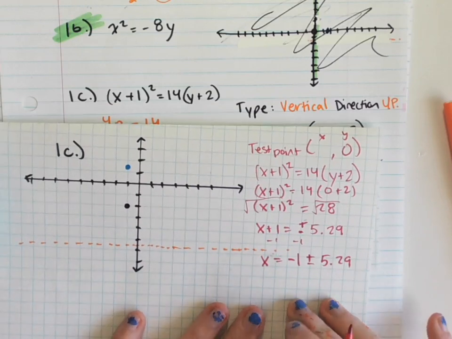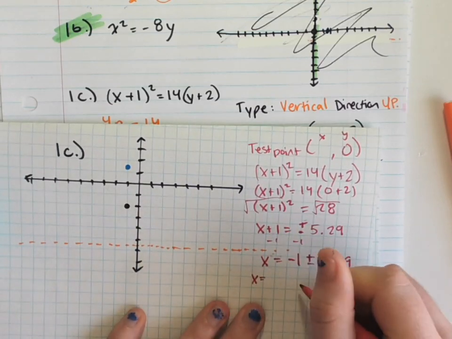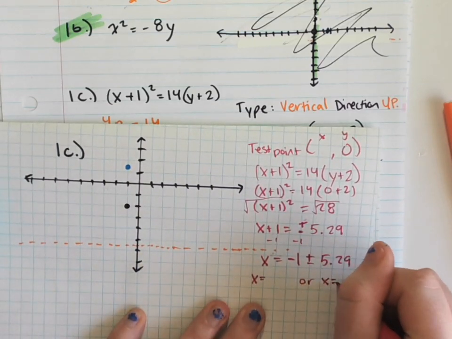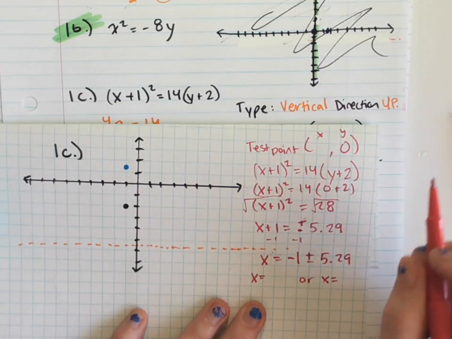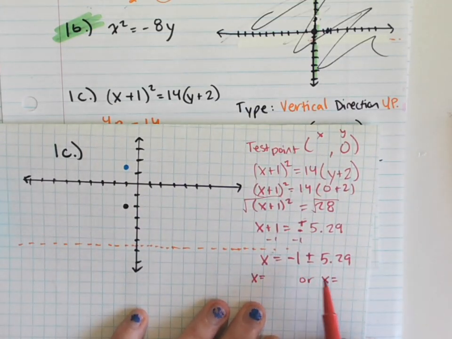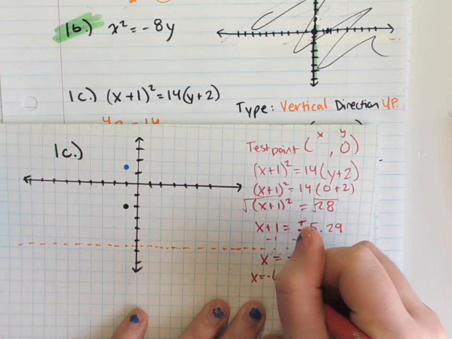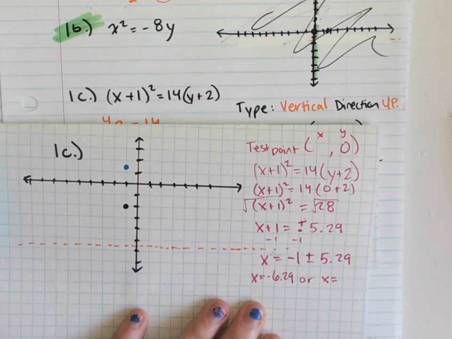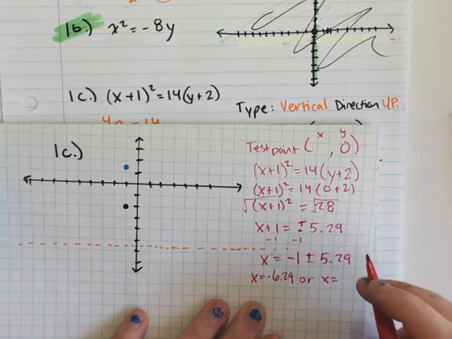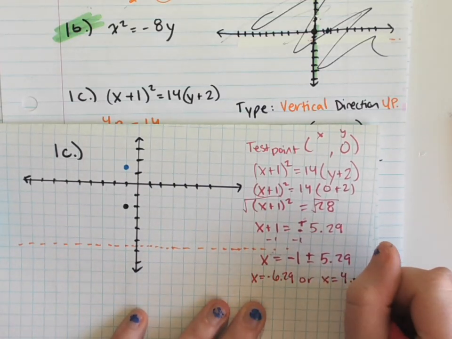So let's solve what those could be. X could be something, or x could be something for that coordinate that I'm testing. If I do negative 1 minus 5.29, I'm at negative 6.29. If I do negative 1 plus that, I get 4.29.